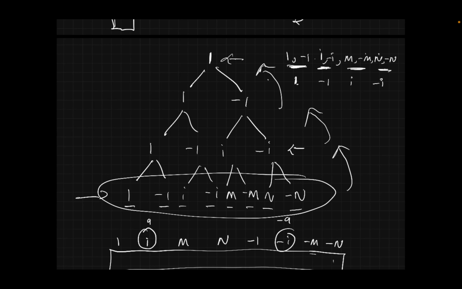This left, the bottom now. The weights are 1, minus 1, i, minus i. That's the left, this one, right? So the square root of 1 is 1 and minus 1, you have to come down this way. Yes, the square root of 1 is 1 and minus 1.